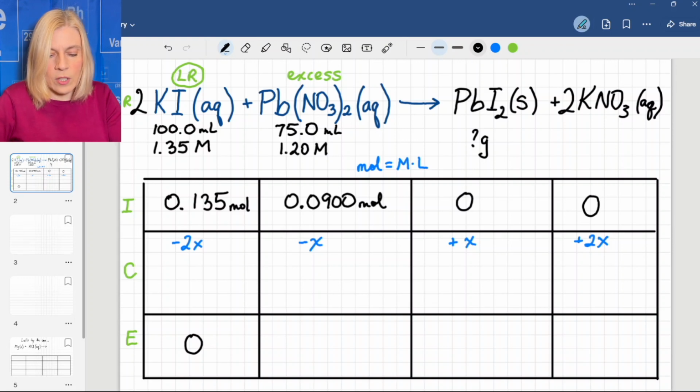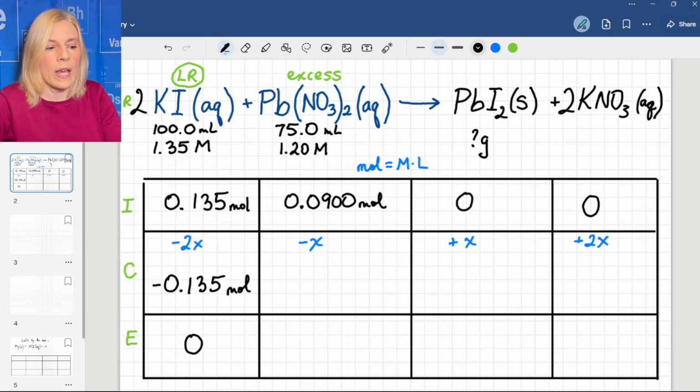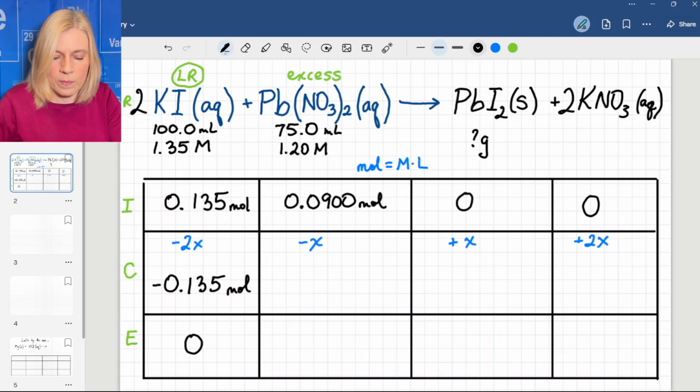Okay, so 0.135 minus 2x is 0, right? So this will be minus 0.135 moles. But my x, since 0.135 minus 2x is 0, my x will then be minus 0.0675 moles. That's my x.